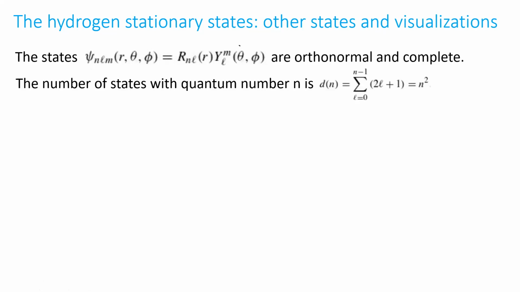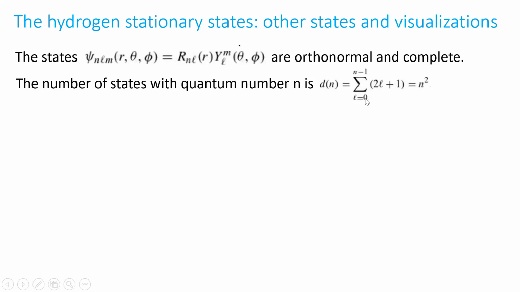So summing up all that weighted by coefficients, we can form any arbitrary well-behaved function in 3 dimensions. And then a second note before we look at the other states: the number of states with a quantum number n. For n, L can be 0 up to n minus 1, so we'd have to sum up all those possibilities for L. And for each of those possibilities for L, m can run from minus L to plus L, which is 2L plus 1 states.